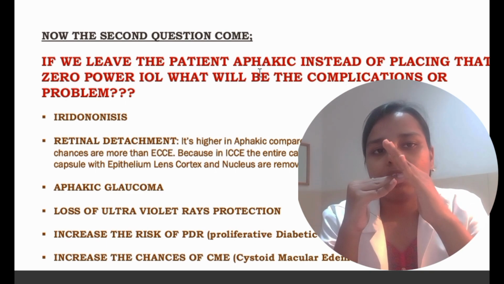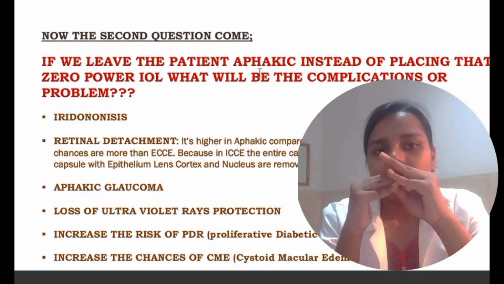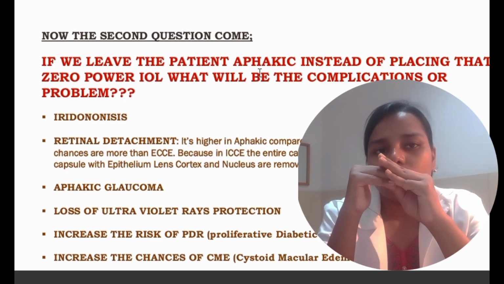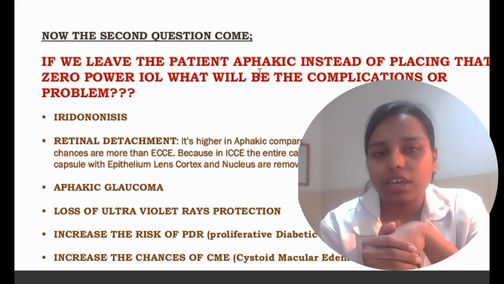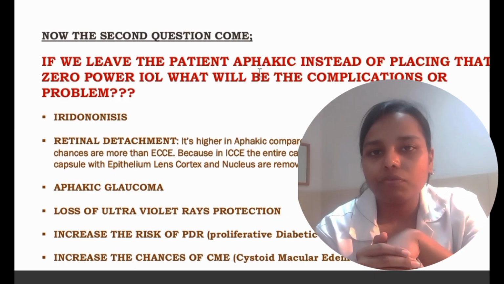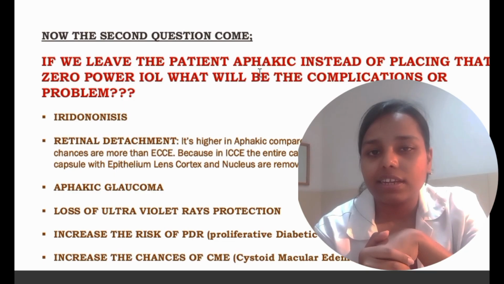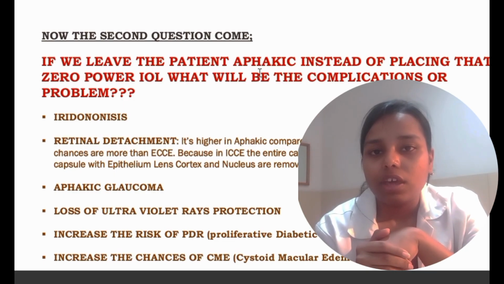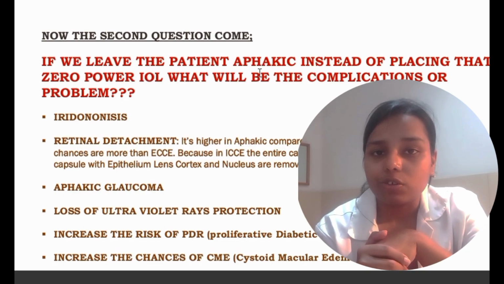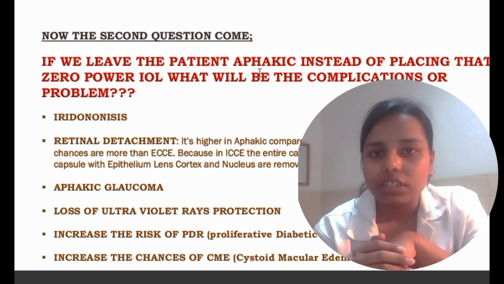So if the angle is here and pressure is coming from here, what is it causing? You just tell me. This angle is getting closer, right? So with aphakic glaucoma, there will be chances of angle closure, a secondary type of glaucoma. In the long term, the patient can develop a secondary glaucoma induced by the aphakic condition.